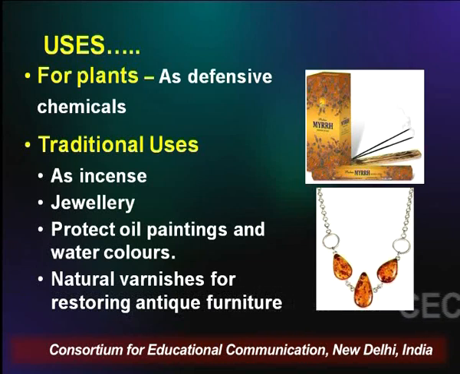Since these resins are water insoluble, they were also used to protect oil paintings or traditional art pieces from environmental oxidation and from environmental moisture or water. They were also used in manufacturing varnishes to protect wooden furniture. So these were a few traditional uses of resins.